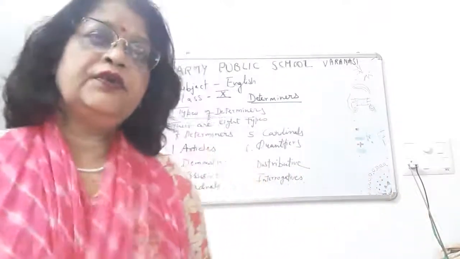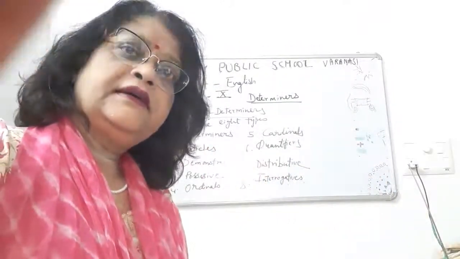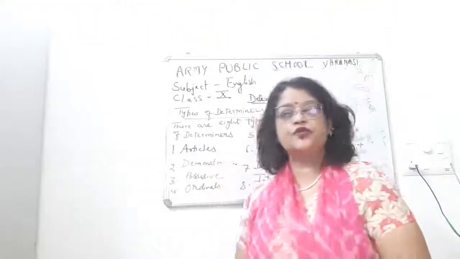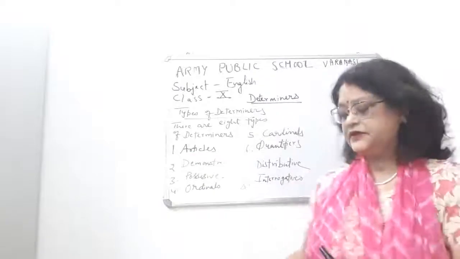So children, there are a total of 8 types of determiners.